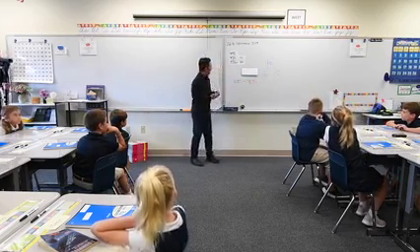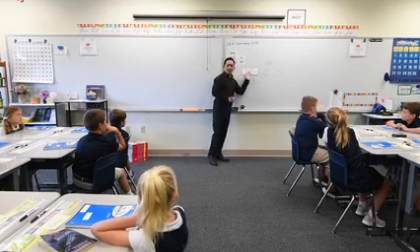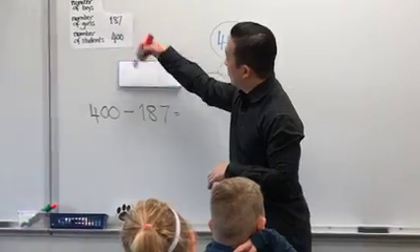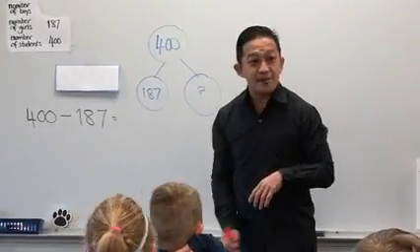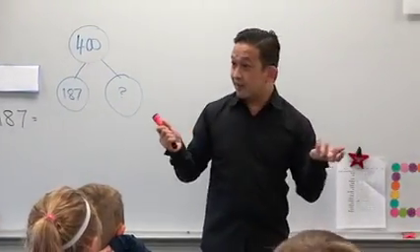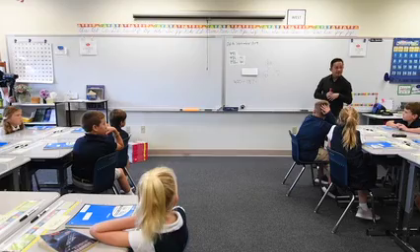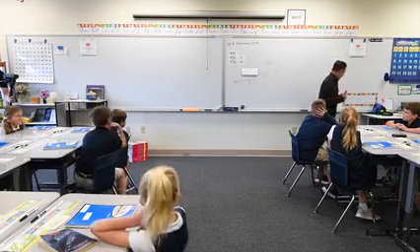What else can I do to the bar model? Any other thoughts? If I want to show 187 on the diagram, what can I do? Is there something I can do? Talk to your friends for half a minute.